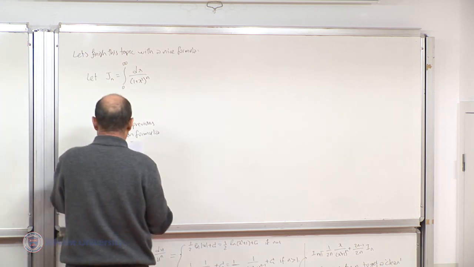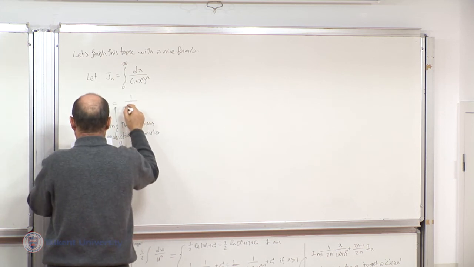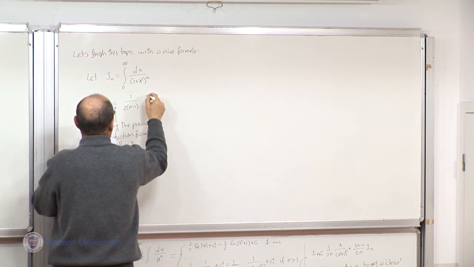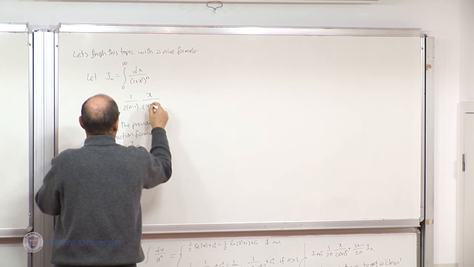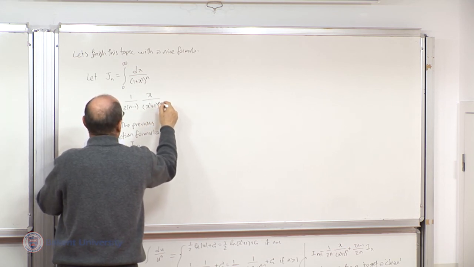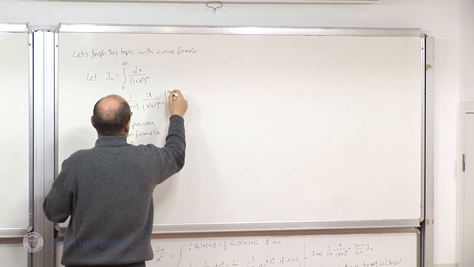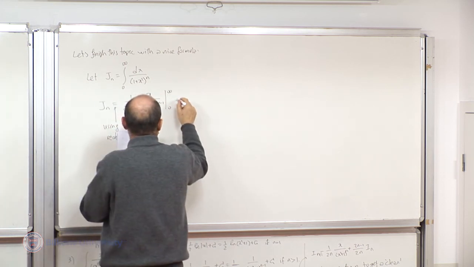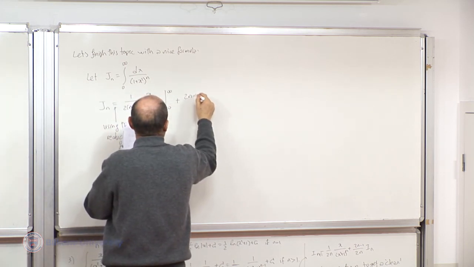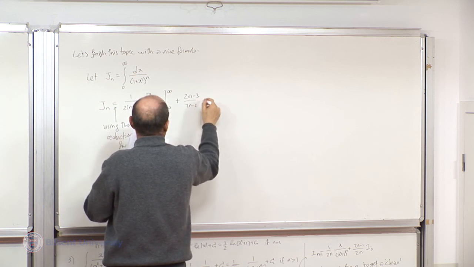We can write it as follows: 1 over 2n minus 2, x over (x squared plus 1) to the n minus 1, from 0 to infinity, plus 2n minus 3 over 2n minus 2 J_(n minus 1).